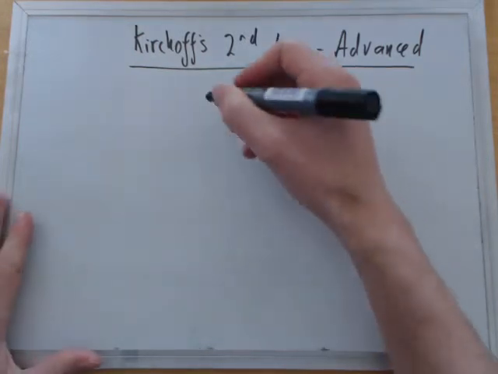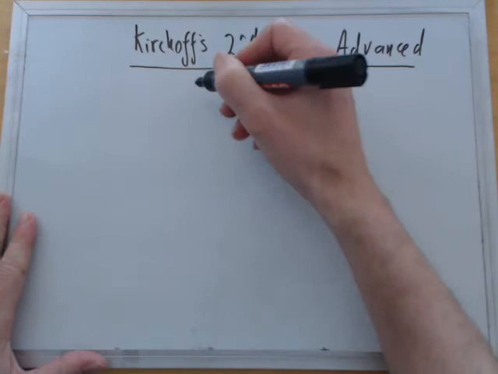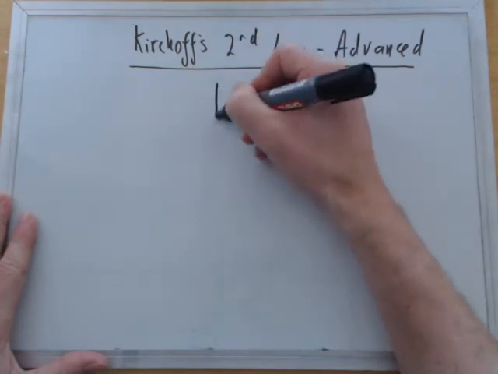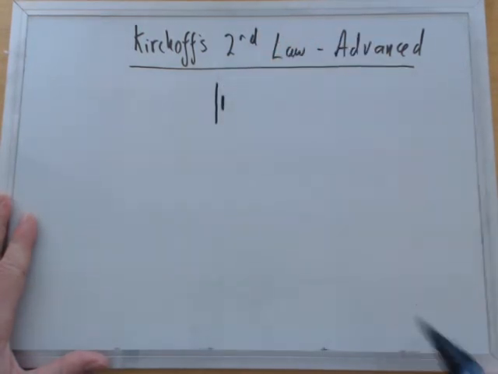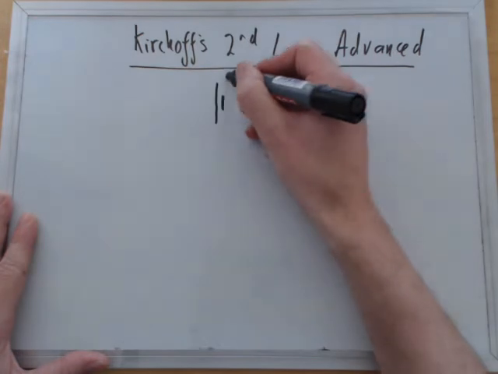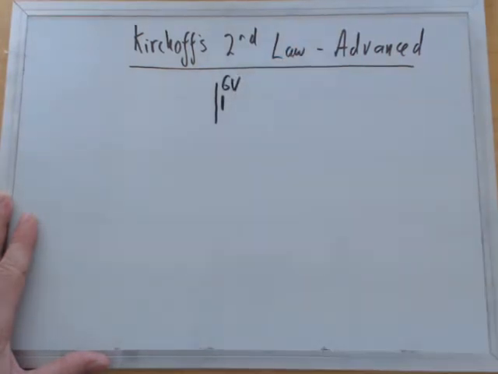Okay, so let's take a more complicated situation rather than just one simple loop, as I showed you in the previous example. So let's start with a 6-volt cell here.